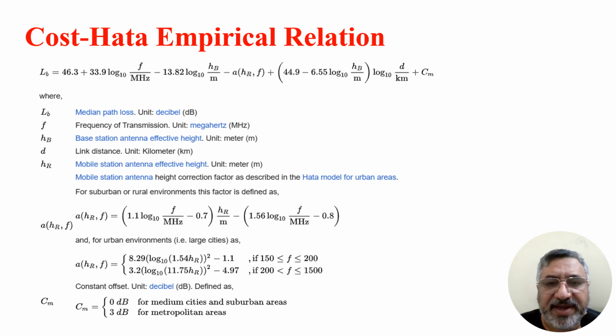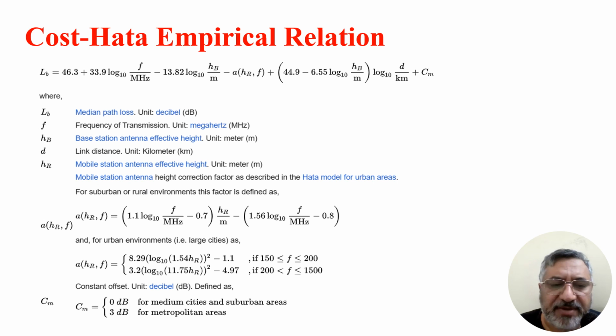Similarly, another factor A is a function of HR and frequency, where HR is the mobile station antenna effective height, separately defined for rural as well as urban areas. He also introduced a factor CM to identify cities as medium cities, suburban cities, and metropolitan cities.